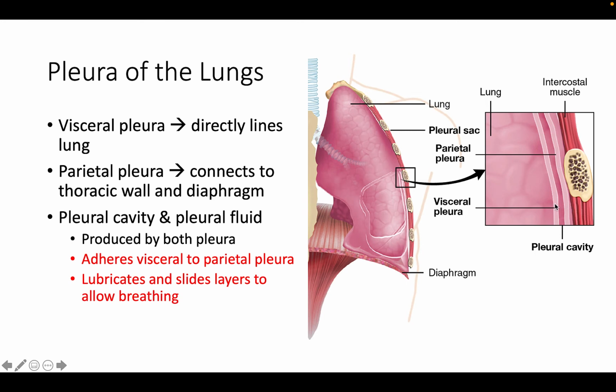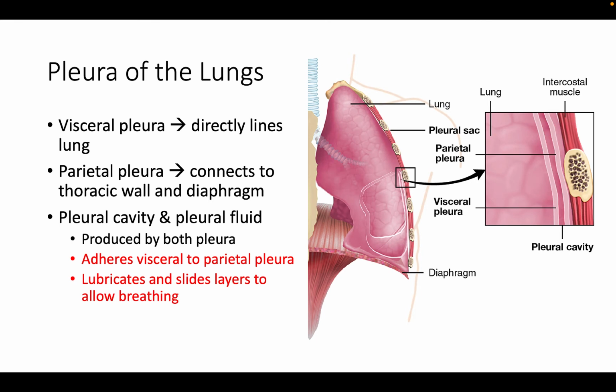And so these pleura perform two major functions. They produce pleural fluid in between each other, so this pleural cavity is filled with this pleural fluid, and they also separate the major organs. So the pleural fluid acts to lubricate surfaces, and so it reduces the friction between the two layers, and it prevents trauma while breathing.